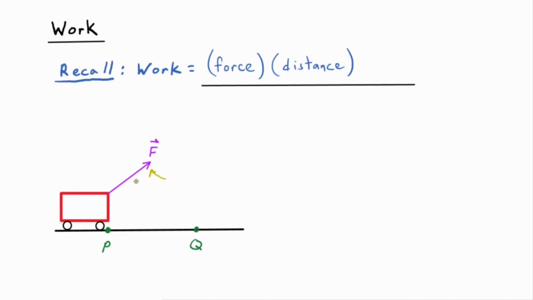It's not in the direction of motion because the wagon's moving just on the ground from point P to point Q. So whatever this value is, it's not the magnitude of F, the force vector, unless you made F horizontal, or parallel to PQ. Okay? So that's a problem, right?